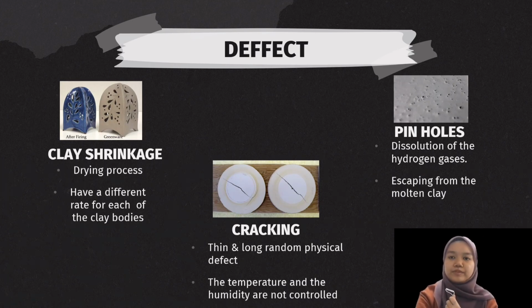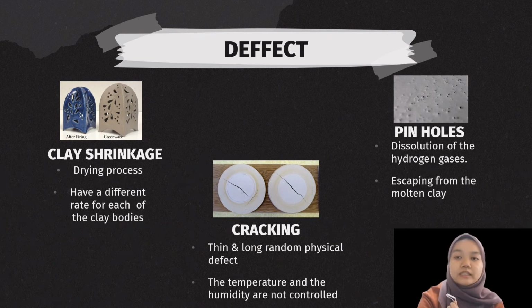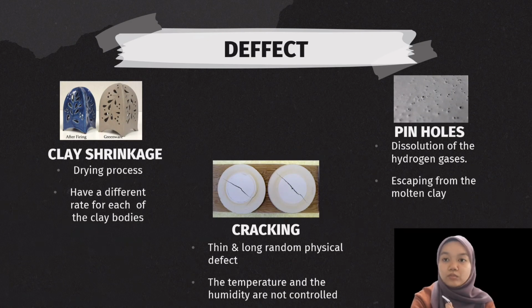The third defect is pinhole. This defect can happen because of the dissolution of hydrogen gases in the molten clay. When the molten clay is poured into the mold cavity of the teapot and it starts to solidify, the solubility of the hydrogen gas decreases and it starts escaping out of the molten clay and leaves a small hole that we call a pinhole.